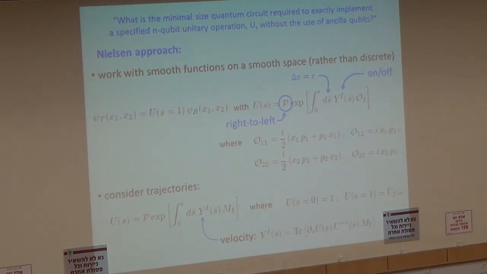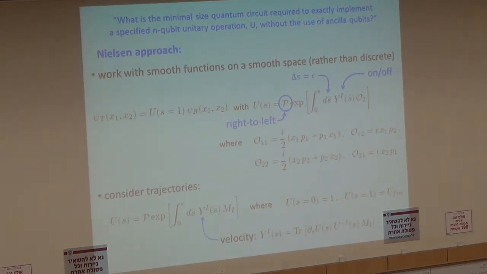So I have a U of s now. U of s starts at 1, and it ends with the final unitary, the final operator that performs the desired transformation. In this perspective, you can also think of these y's as velocities along this trajectory.